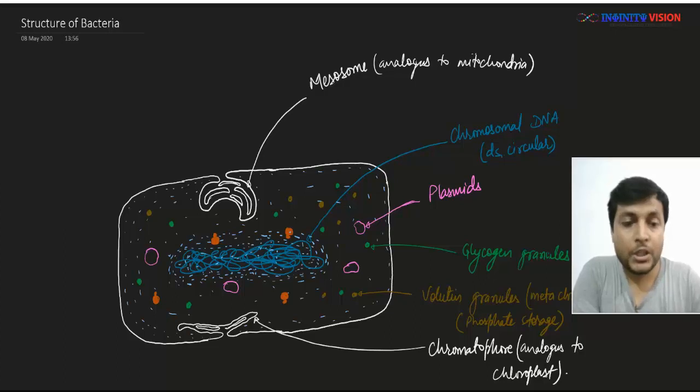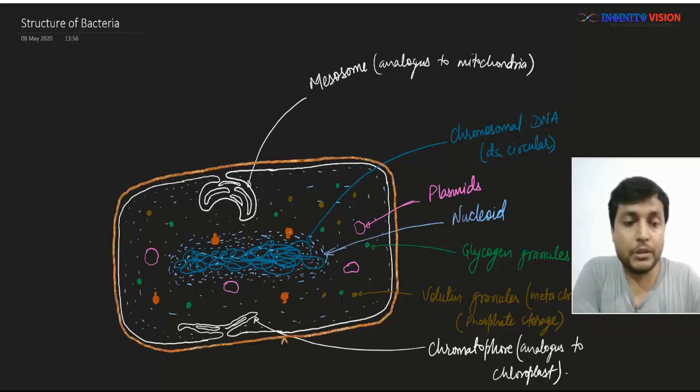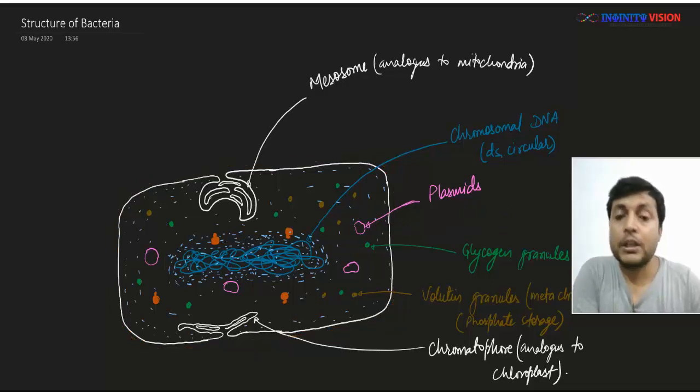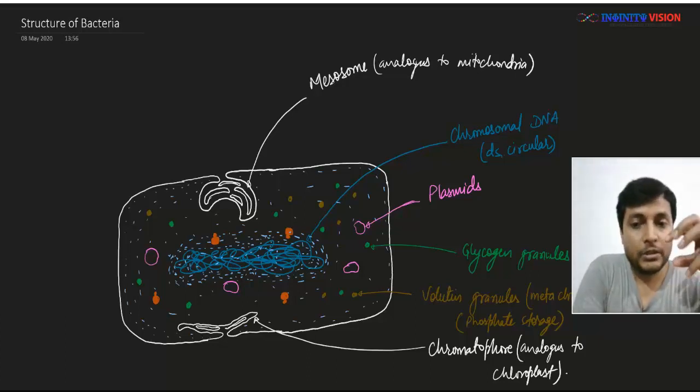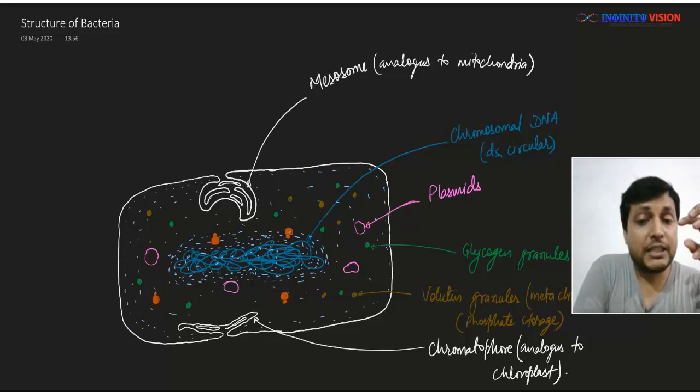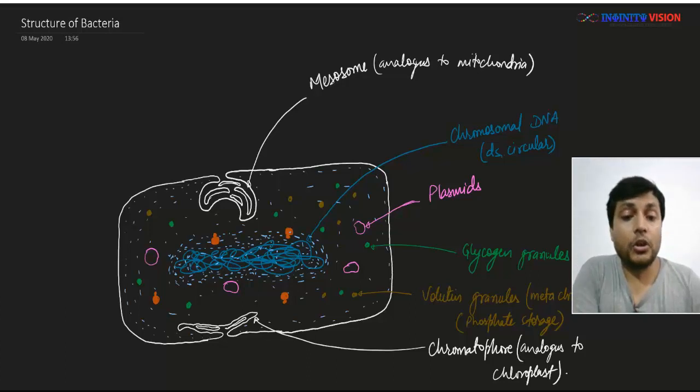Around this chromosomal DNA, the cytoplasm or fluid is much more viscous. It is jelly-like, very viscous, dense. This area, composed of this dense fluid-like material in which the chromosomal DNA is present, is called the nucleoid.